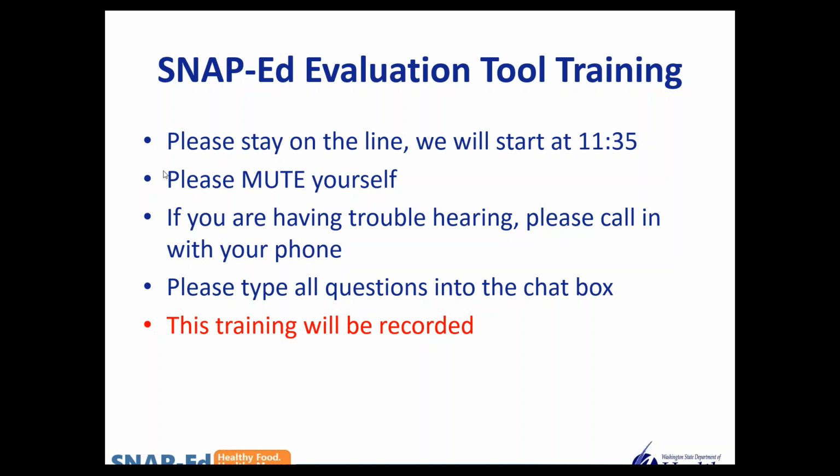And that means, do these tools ask the questions that we in SNAP-Ed or the researchers who created these tools want them to ask? Do students or participants interpret it the same way as the researcher? And when tools have been reliability or validity tested, that's what it means. It means that the participant and the researchers interpret the tools the same way. So we'll jump right in.